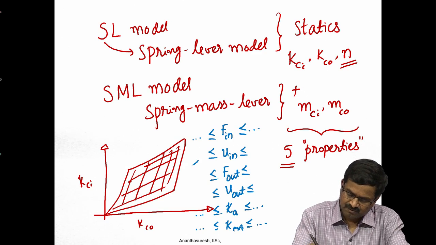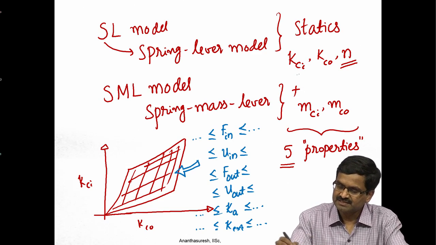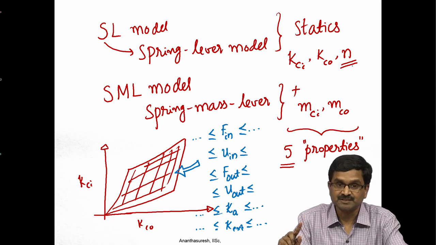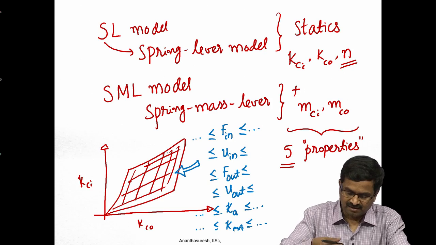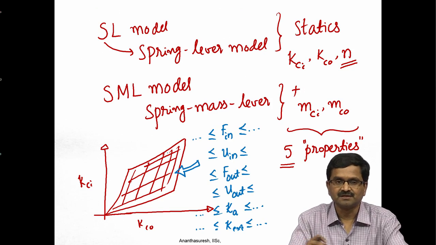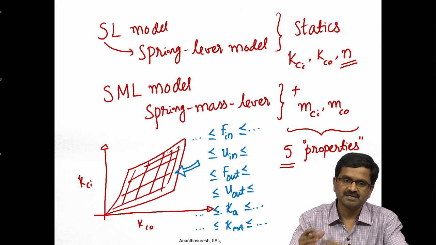Based on that, we draw this feasibility map and find the feasible values of KCI, KCO, N if it is a statics problem. N of course is shown like a gray density in this map. Otherwise, if you take 3 axes KCO, KCI and N in a 3 dimensional space, it will be a volume.